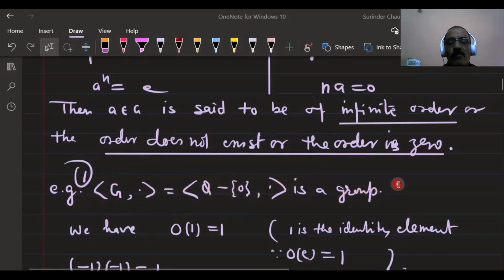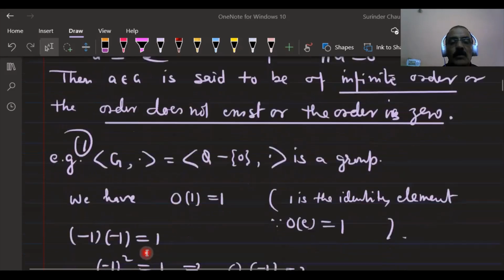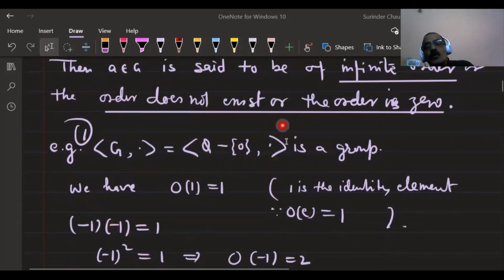Now this contains an infinite number of elements. For multiplication, 1 is the identity element, so the order of 1 is 1, since the order of the identity element in a group is always 1.